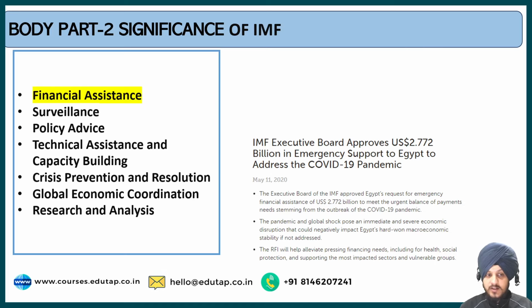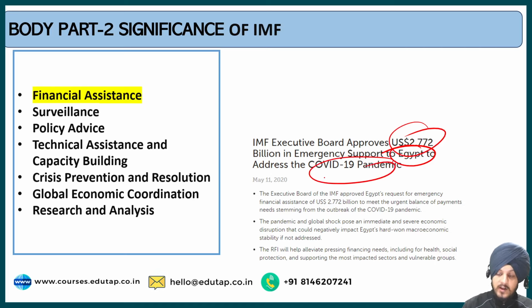So the first point is regarding the financial assistance, and we know that this is the primary or the core objective of the IMF, that is to help the countries that are facing balance of payment crisis and to solve them through financial assistance. And here I have written the example of Egypt, where the IMF disbursed an amount of $2.7 billion during the COVID-19 pandemic.